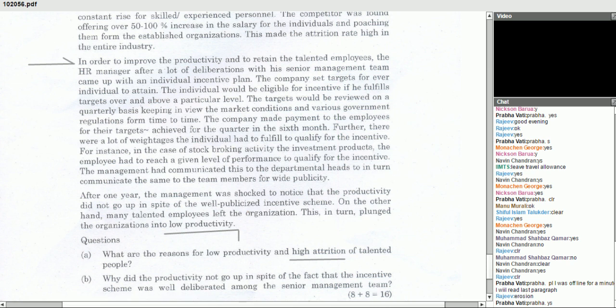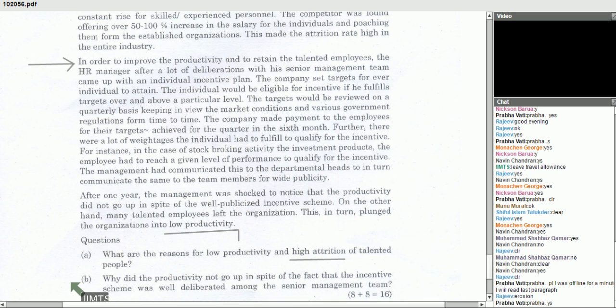Okay, you can read. And others answer this question. What were the reasons for low productivity and high attrition? It means that many talented employees joined their competitors. What were the reasons? Why did it happen?